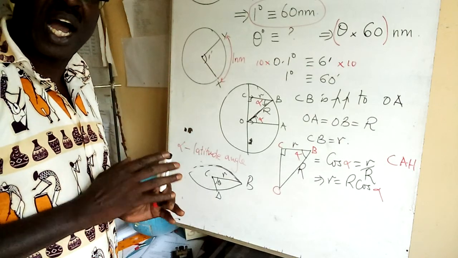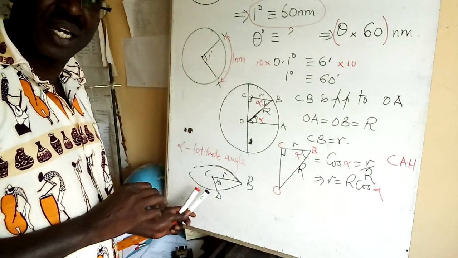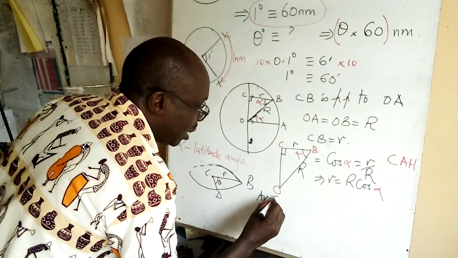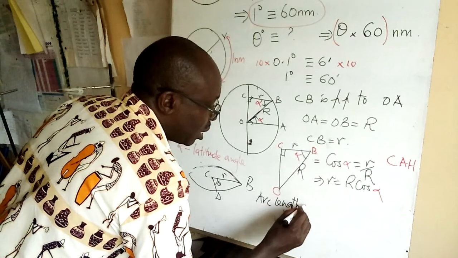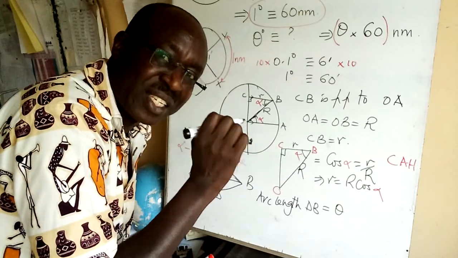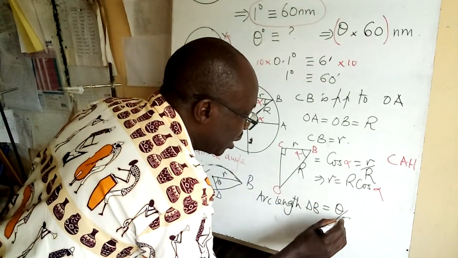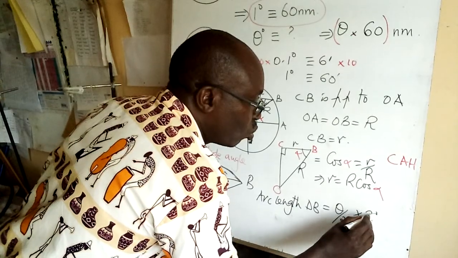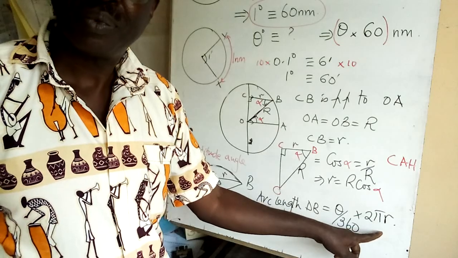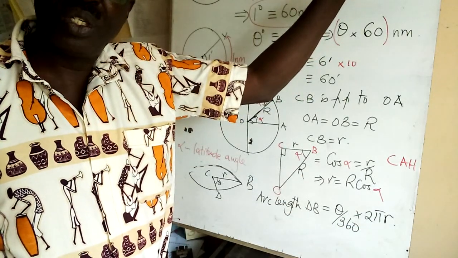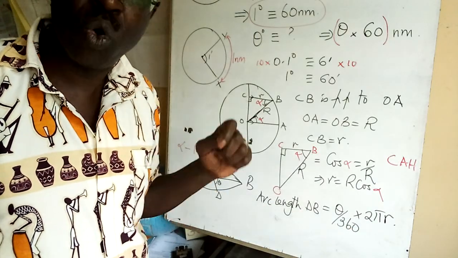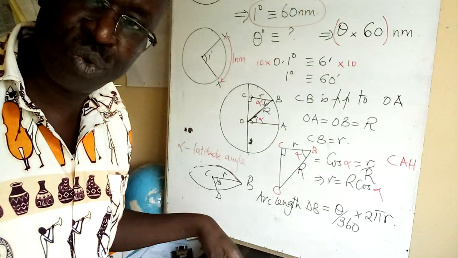So basically, how do I get arc length DB? Arc length DB will be the angle subtended at the center of that circle over 360 times 2 pi small r. Now see the difference. For great circle, I used capital R, but for small circle, I'm using small r, because this is a latitude.